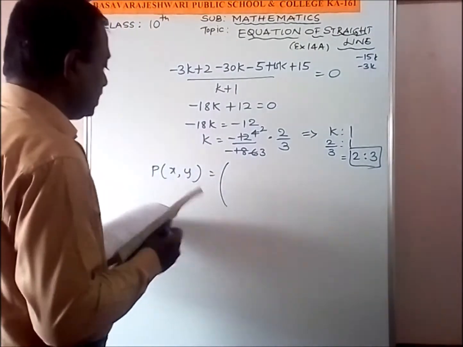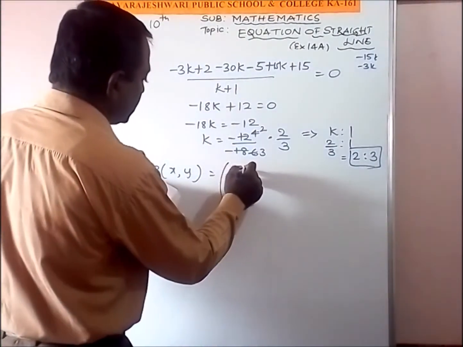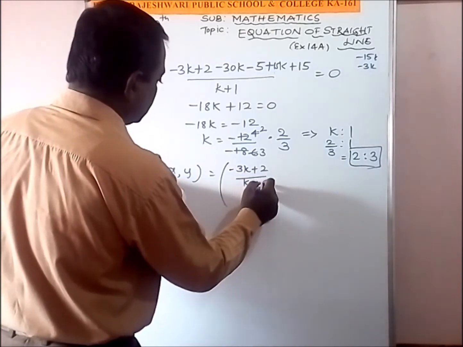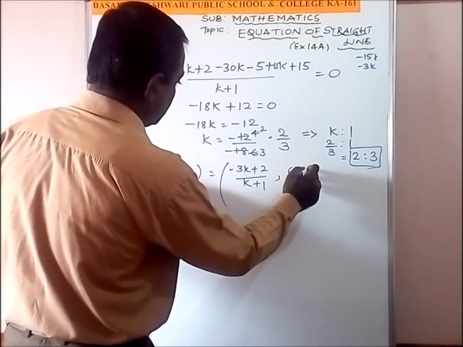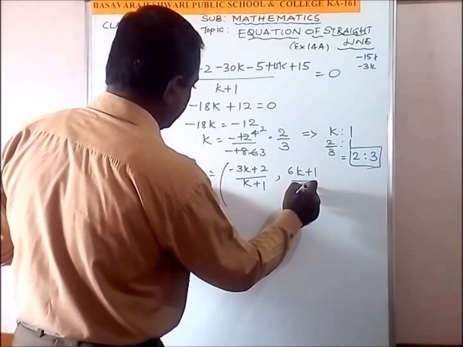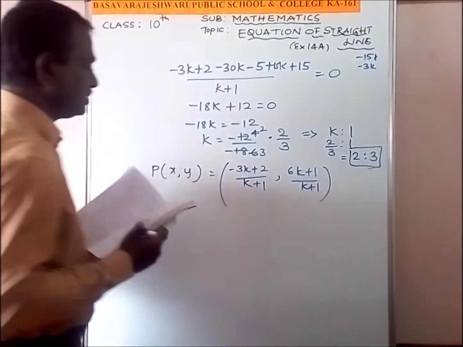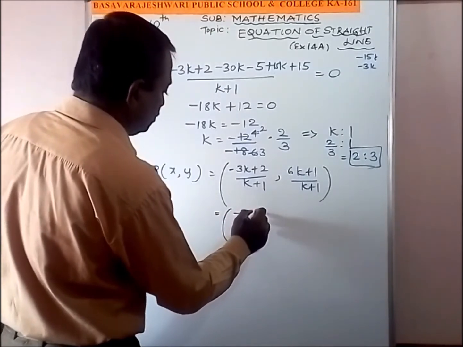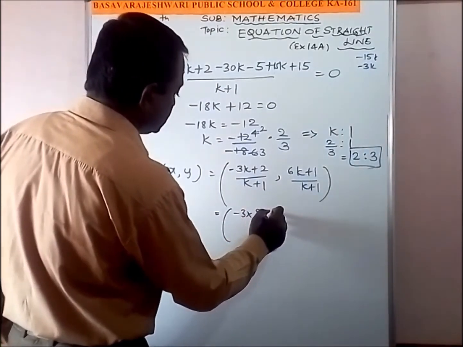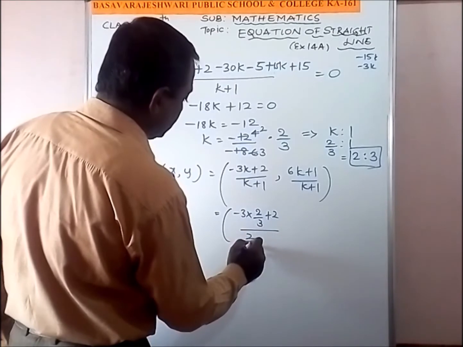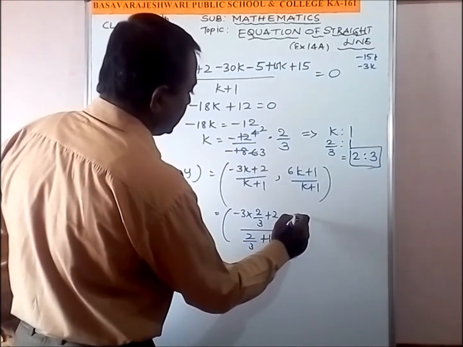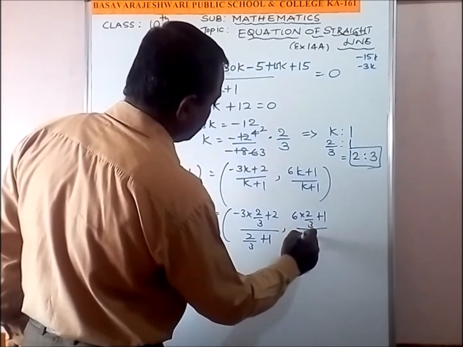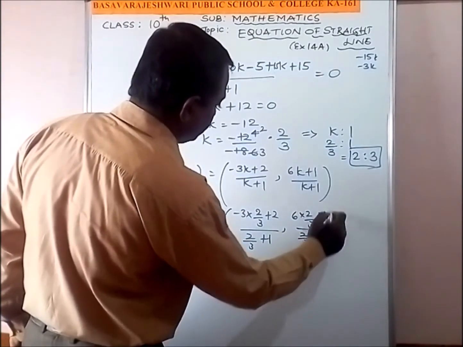So we got the equations as minus 3k plus 2 by k plus 1, 6k plus 1 by k plus 1. Substitute in this. So that is equal to minus 3 into 2 by 3 plus 2 by 2 by 3 plus 1. Next 6 into 2 by 3 plus 1 by 2 by 3 plus 1.